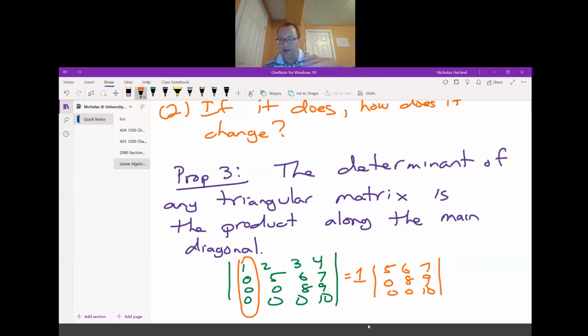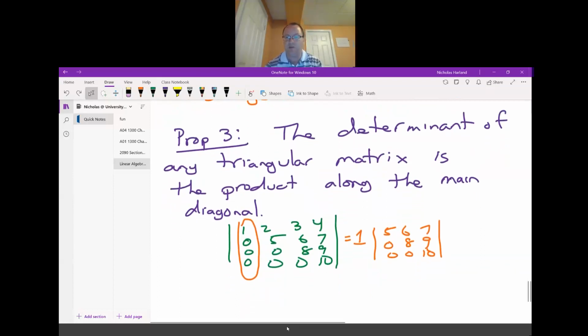And the other entries, their cofactors don't matter because they're multiplied by zeros. Then you take the new matrix and expand along the first column again: 1 times 5 times the determinant of 8, 9, 0, 10, and so on. And we just get the product along the diagonal.